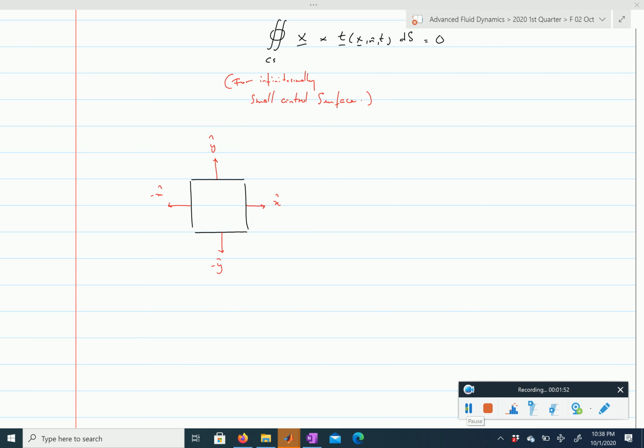This is really a control volume, which will look like this. It is a volume, and this will be the surface of normal x, but I'm just projecting it on the xy plane because we don't really need to look at it in 3D. On this surface, the force exerted by the continuum on this side of the control volume on the material on this side is a stress vector.